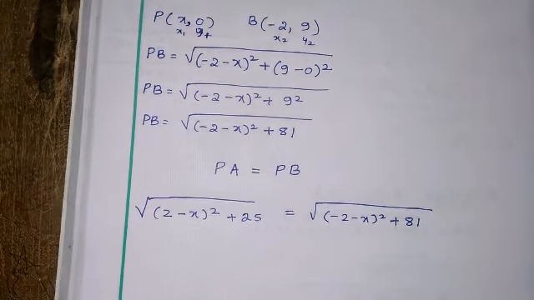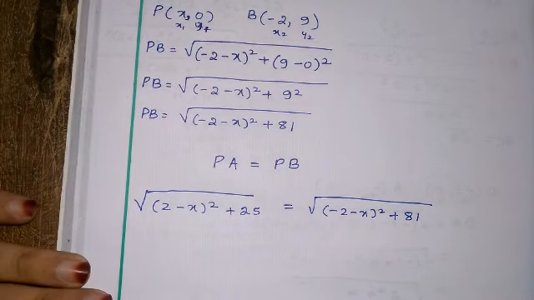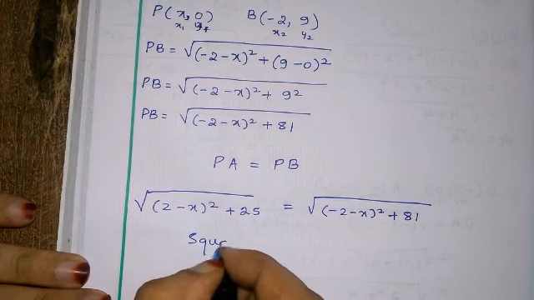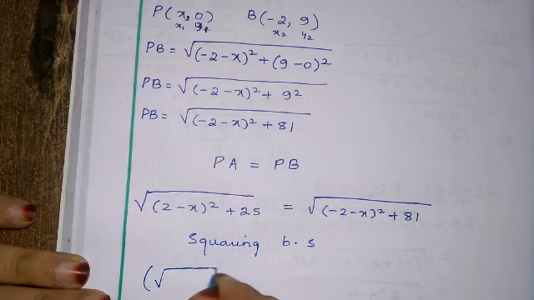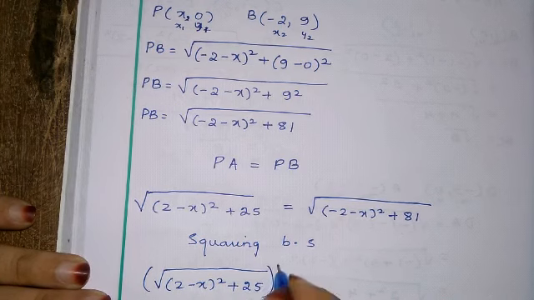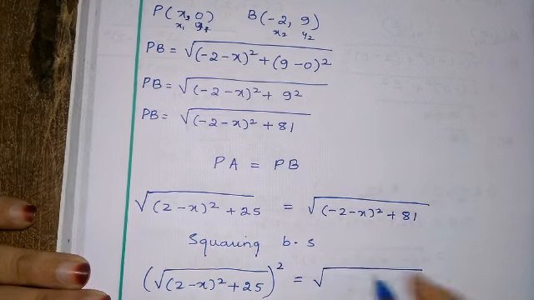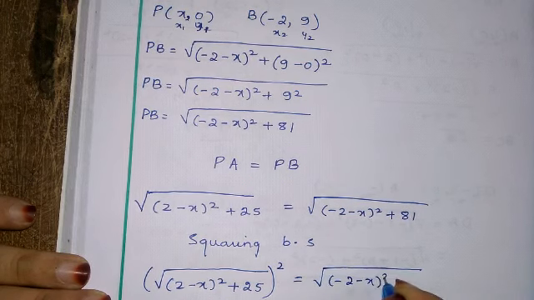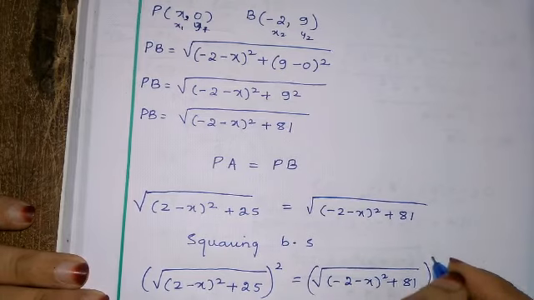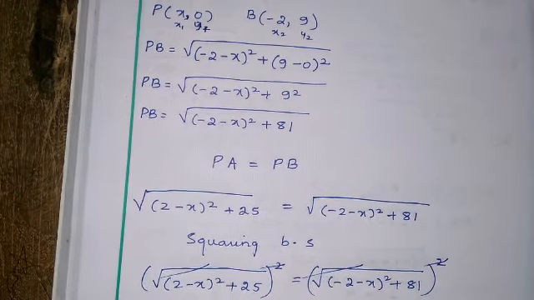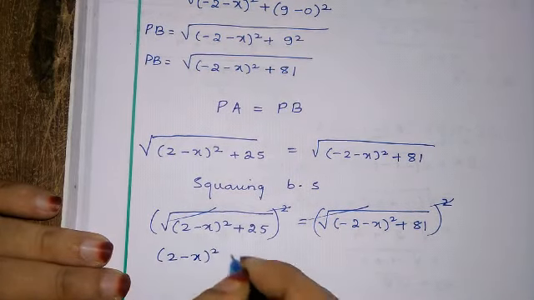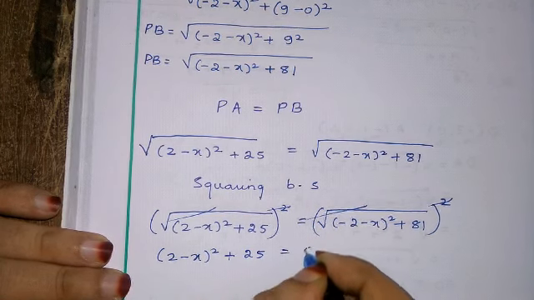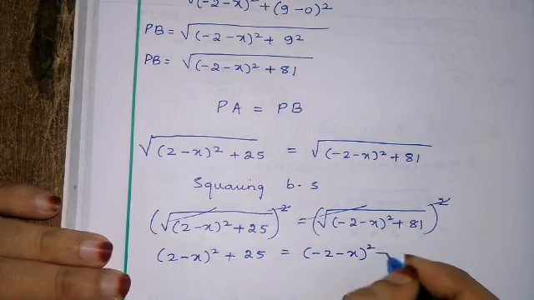Now what we have to do is squaring both sides, we have to remove the root. Square and root get cancelled. Now what is left is (2 minus x) whole square plus 25 on this side, and (-2 minus x) whole square plus 81 on this side.